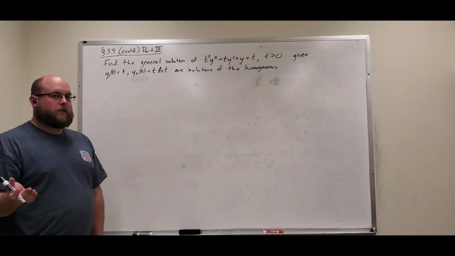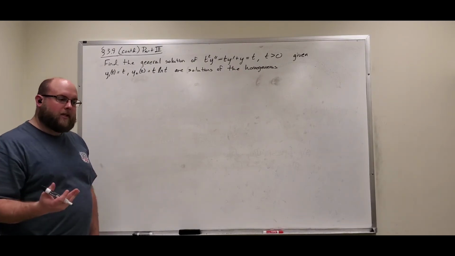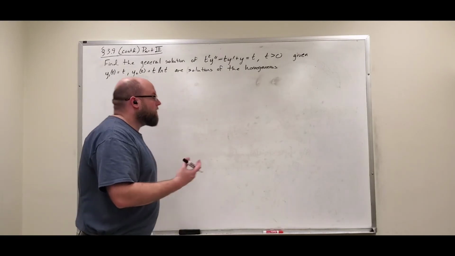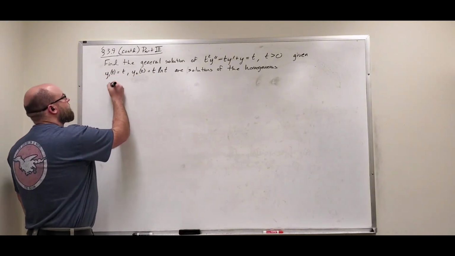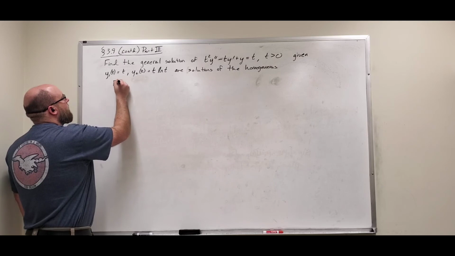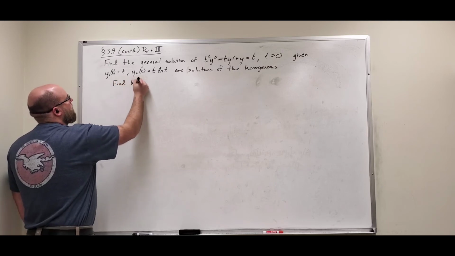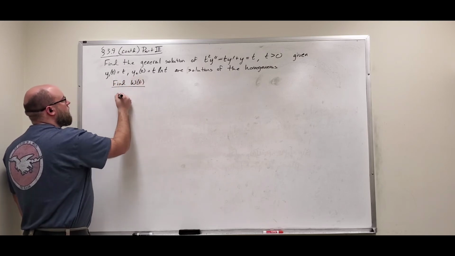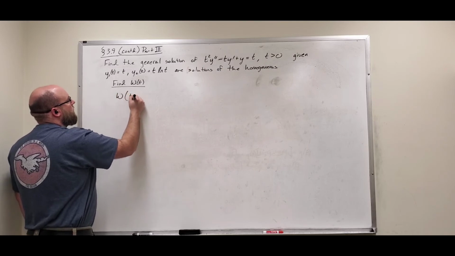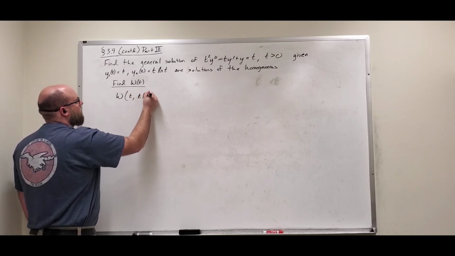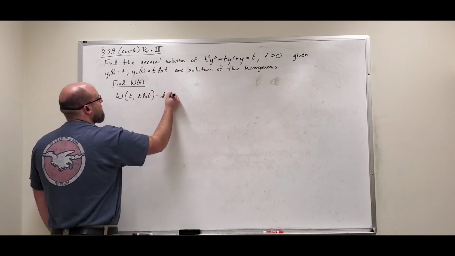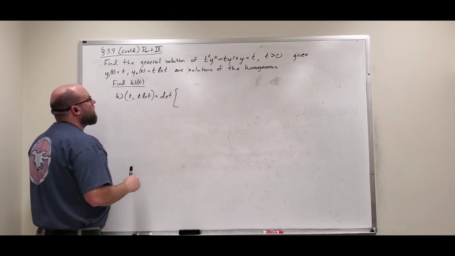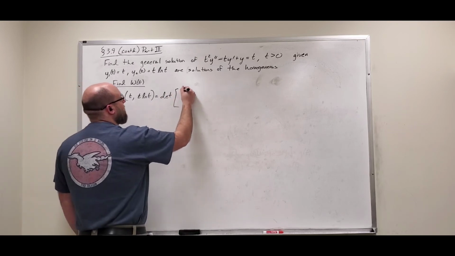So that means they form a fundamental set, but I need to go ahead and find the Wronskian anyways because I am going to be using that in the variation of parameters. So let's go through there and just do our test. So find W of t, so that's our Wronskian of t and t natural log of t. So that's again the determinant of this particular matrix.